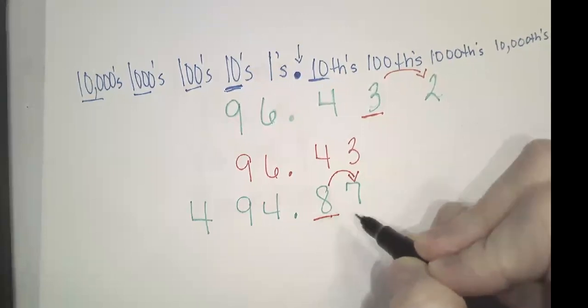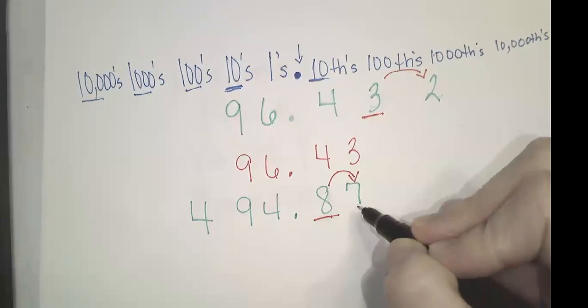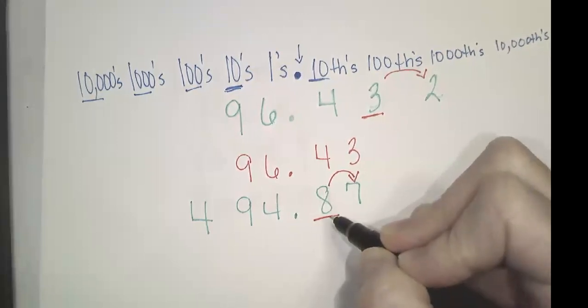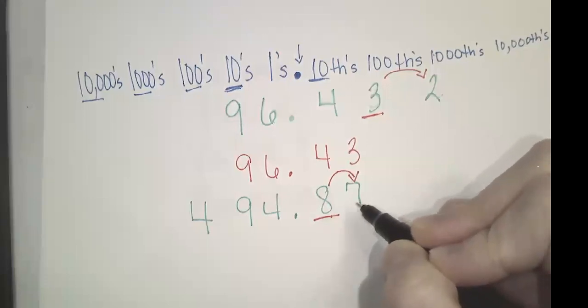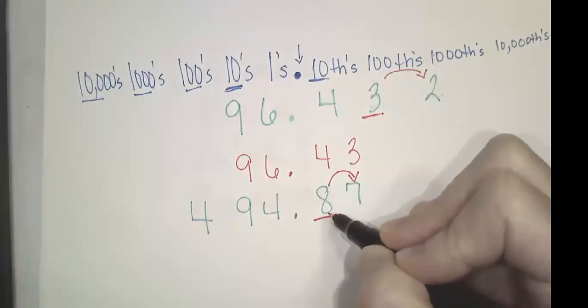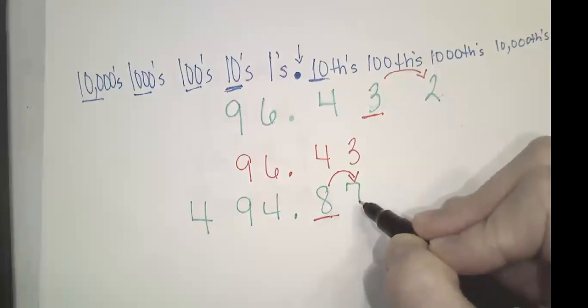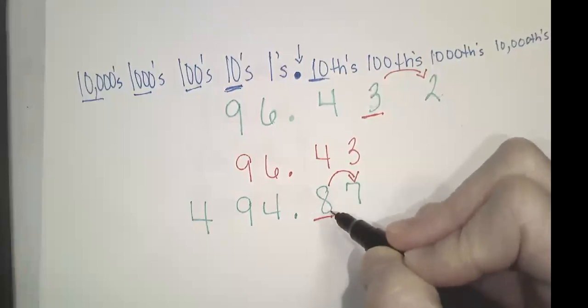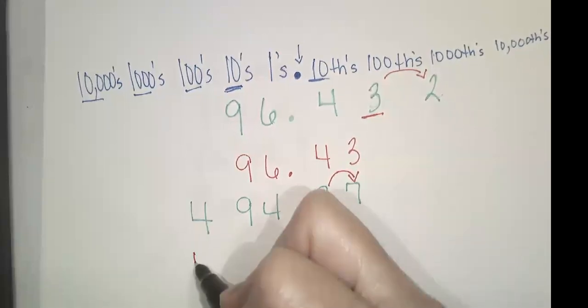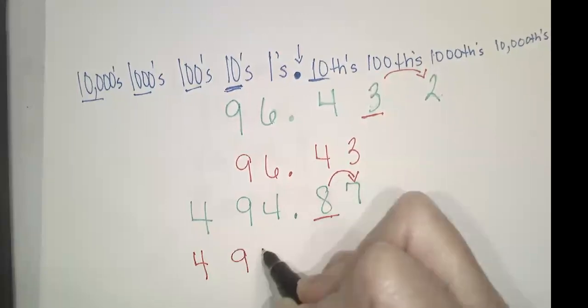And as you recall, I said if this number that we look to is 4 or less, this number will remain the same. And if this number is 5 or higher, this number will go up 1. I can see that this is higher than 5. So I'm going to raise this up 1. And my answer would look something like this.